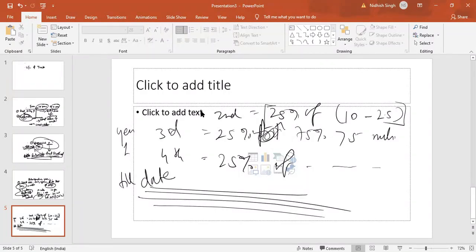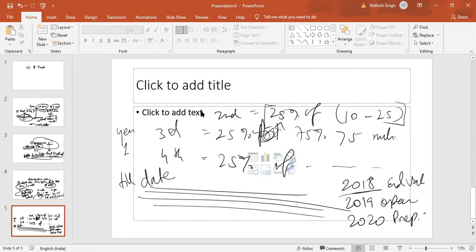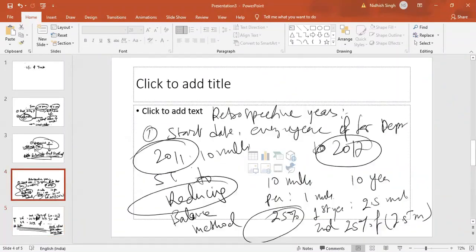And then calculate it for 2018 to arrive at the end value, then update the 2019 opening value, and then update the financial statements, prepare the financial statements for 2020. So this is how we go about calculating reducing balance and accounting policy.